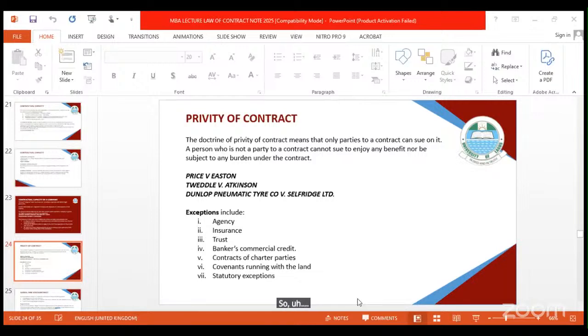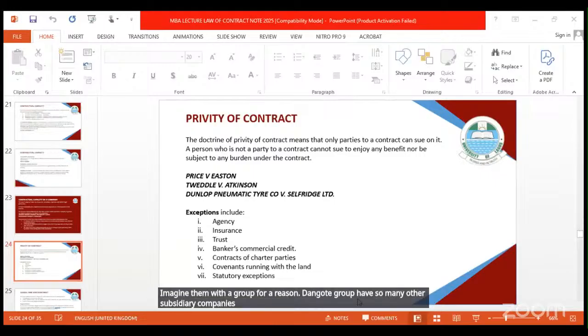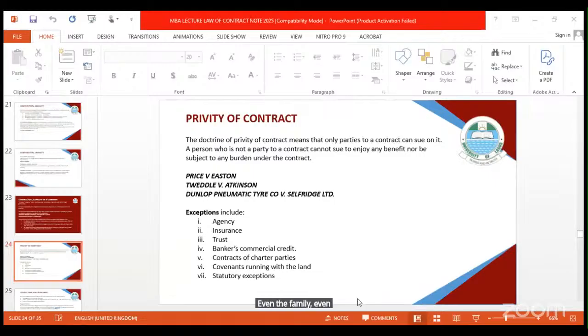So the point is that in a commercial setting, it's usually impossible for you to do everything yourself. Imagine Dangote Group, for instance. Dangote Group has so many subsidiary companies. So how can even the family, if you want to distribute the family all around, they can't do it. So it's always agents acting on behalf of others.